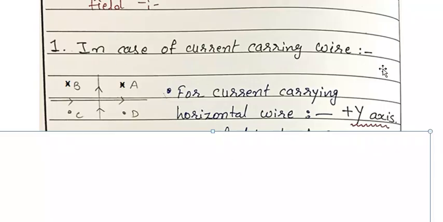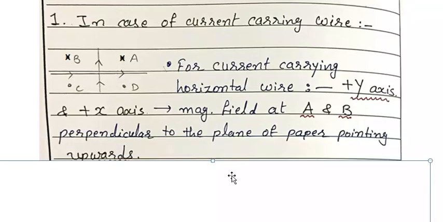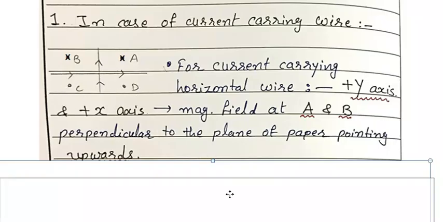Now in case of a current carrying wire, from the diagram you can see these are two wires, one along the upward y-axis and one along the x-axis. For a current carrying horizontal wire, if the currents are in positive y and positive x direction, the magnetic field at A and B, as you can see from the diagram, is a cross, meaning it is perpendicular to the plane of paper pointing upwards, and at C and D it will be pointing downwards.